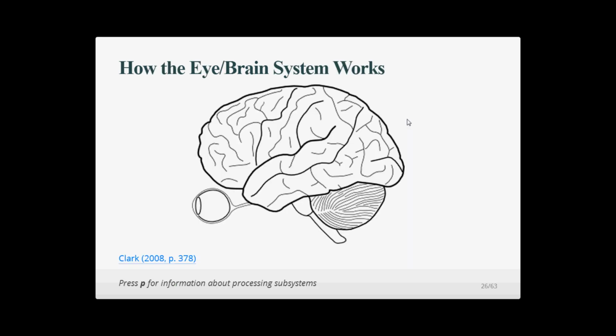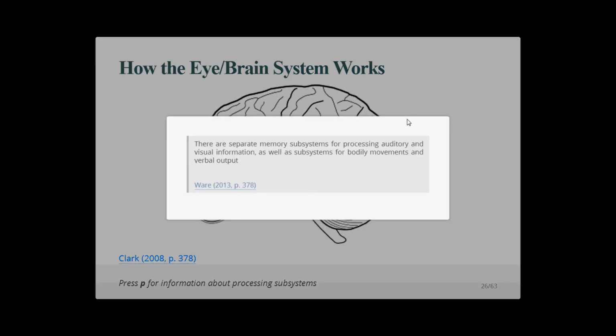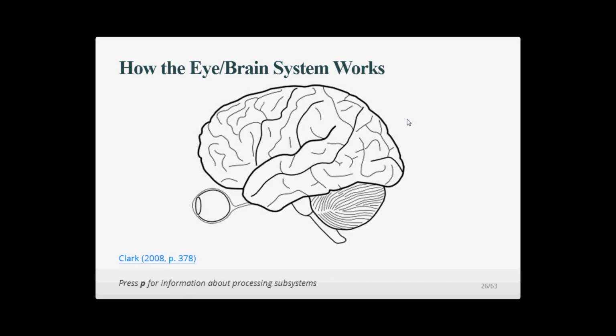Let's understand a little bit more about how the eye-brain system works. It's one of many systems in our body that help us with perception. Ware puts it this way: there are separate memory subsystems for processing auditory and visual information, as well as subsystems for bodily movements and verbal output. This is one system that we'll be looking at in detail.